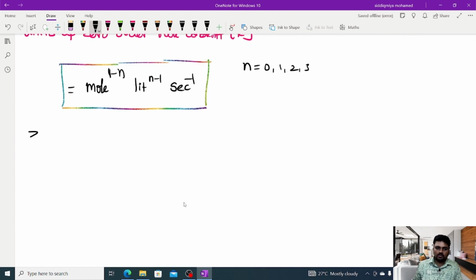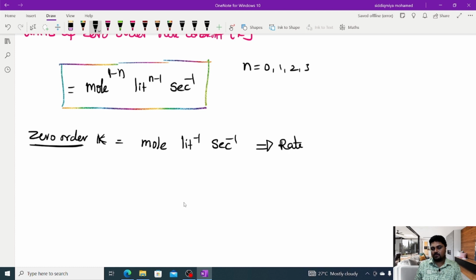We want to write for zero order. The K units: K is equal to mole power 1 minus 0, so you will get mole, and liter power 0 minus 1, so liter inverse, and second inverse. Okay, these units will be the same for rate of reaction also.